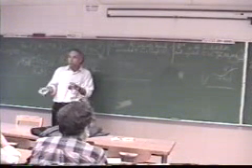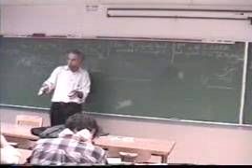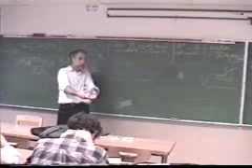So you can proceed either way. You can either divide by the tangent space to the submanifold, or you can divide simply by the image of the map delta.